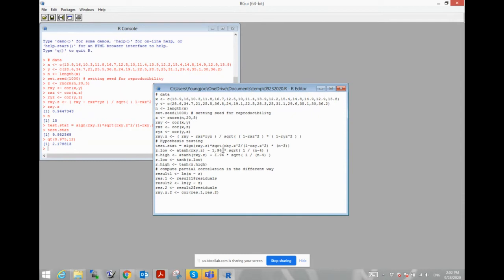Then we apply minus and plus 1.96 times the square root of 1 divided by n minus 4. So z.low is the lower bound of the confidence interval for this transformed value, and z.high is the upper bound for the transformed value, and then we apply the original scale on these endpoints to obtain the confidence interval for the original r_xy.z. So we run this code.